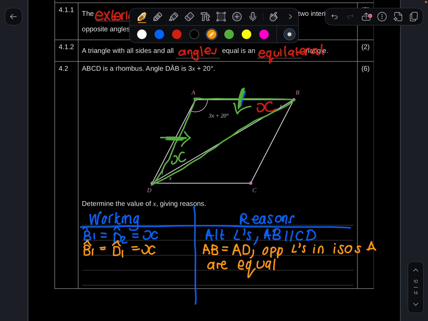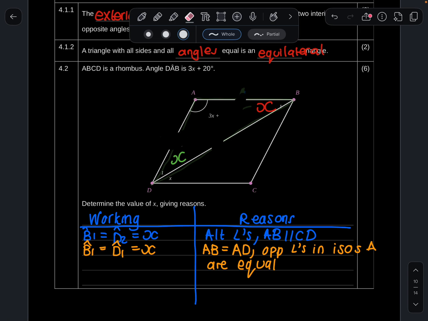So now we can have a look at just this triangle. If we look at just this triangle here, we can work out x quite easily.